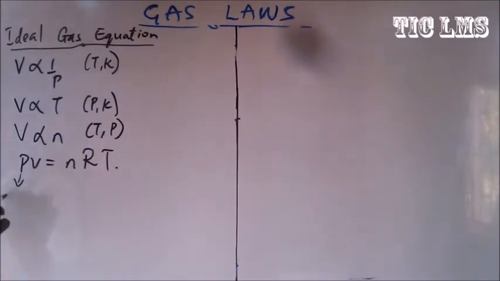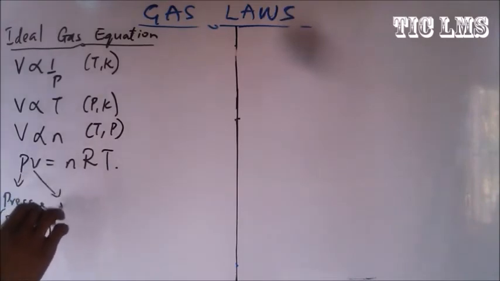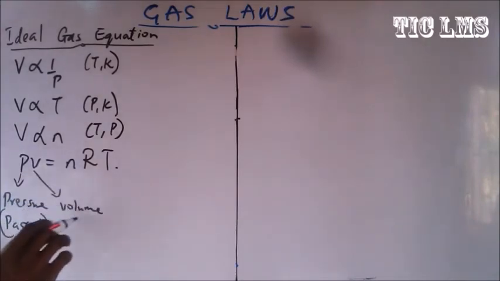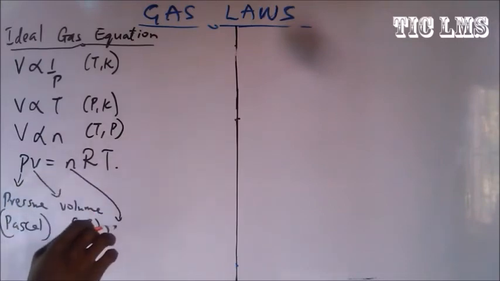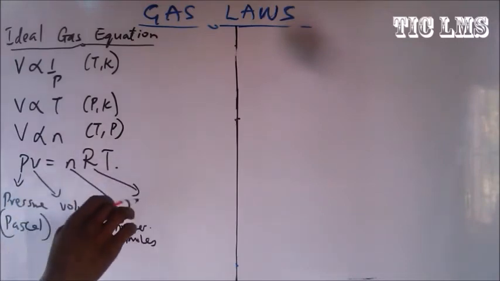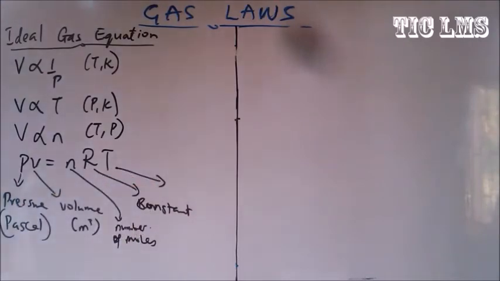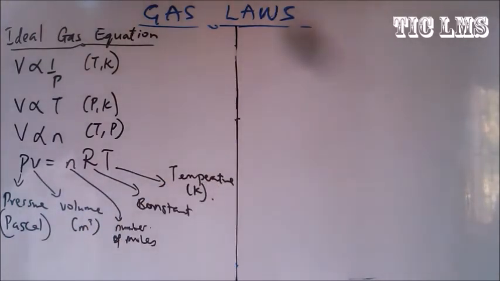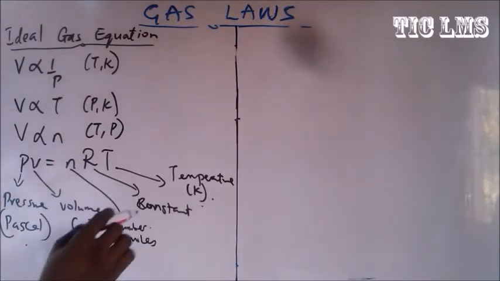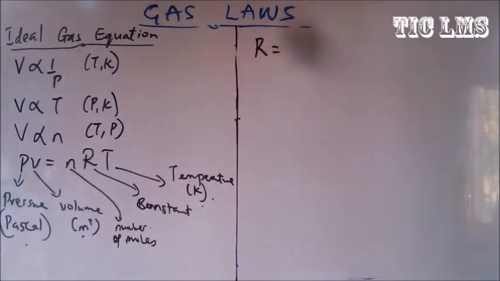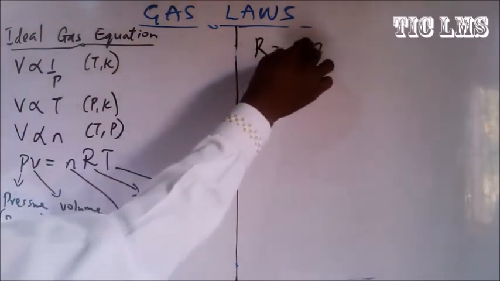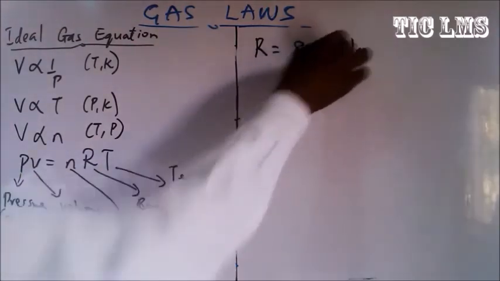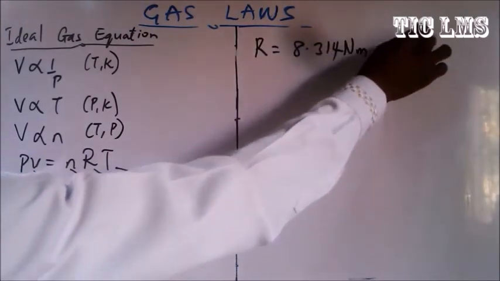P is the pressure in Pascal and V is our volume in meter cubed. n is the number of moles. R is a constant, which we'll get to know in a minute. Then T is temperature in Kelvin. Now let's take note that when we have all these parameters with these units, we'll have our constant R to be equal to 8.314 Newton meter per mole per Kelvin.